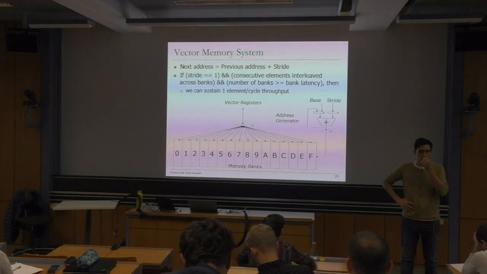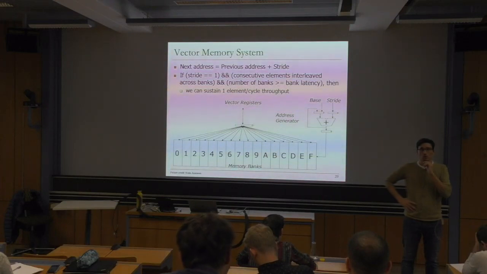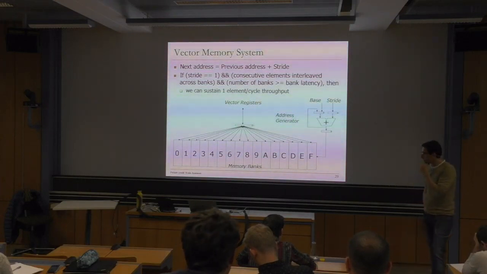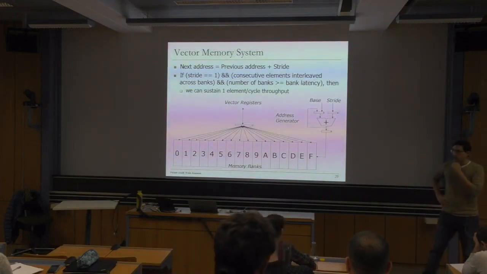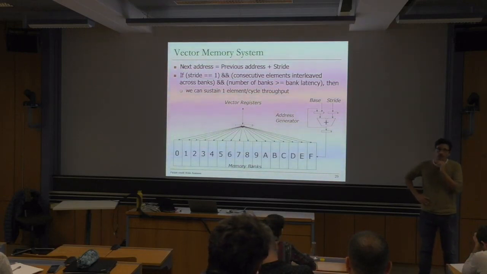So should it not be like bank latency times number of processing elements? The number of banks should be greater than or equal to that. You are asking if the bank latency is related to the number of processing elements that we have? Oh, the number of banks related to the number of processing elements. Yeah, I mean that might make sense.